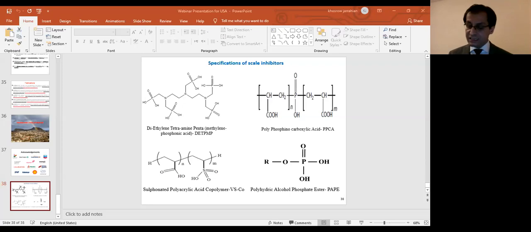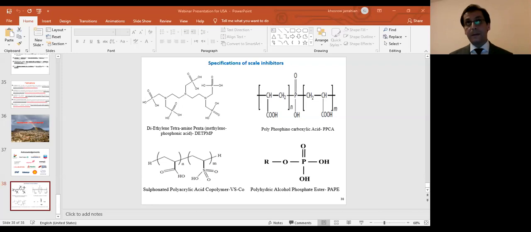In this case, after the well is brought back to production, the scale inhibitor is swept by the water stream coming from the reservoir, and they cannot prevent the scale formation. In this condition, the scale inhibitors are not effective.